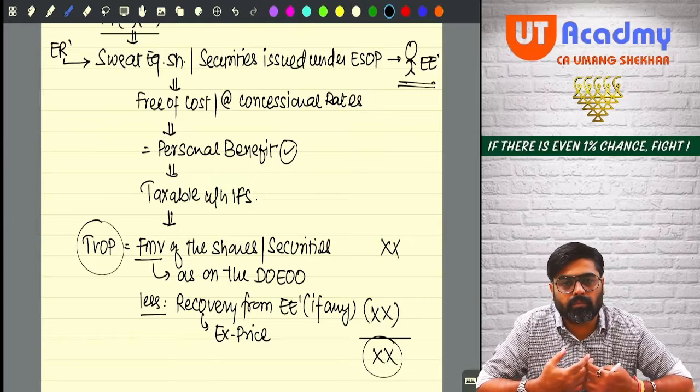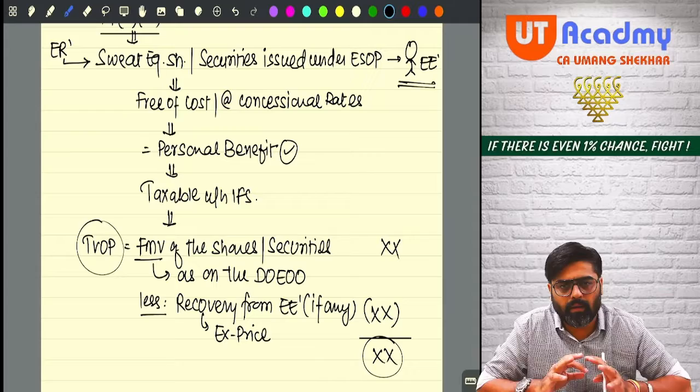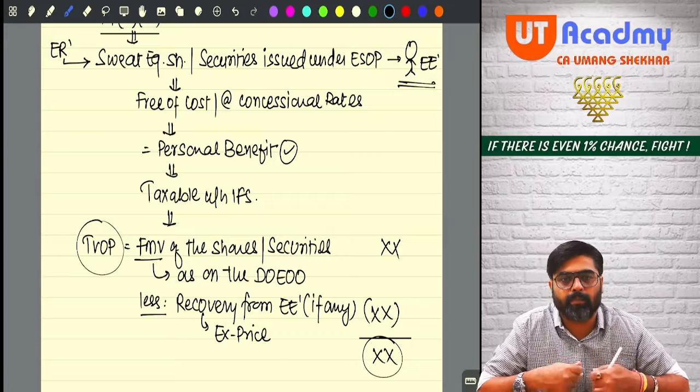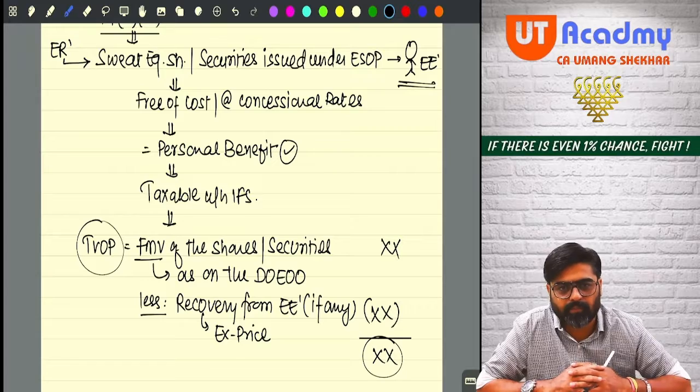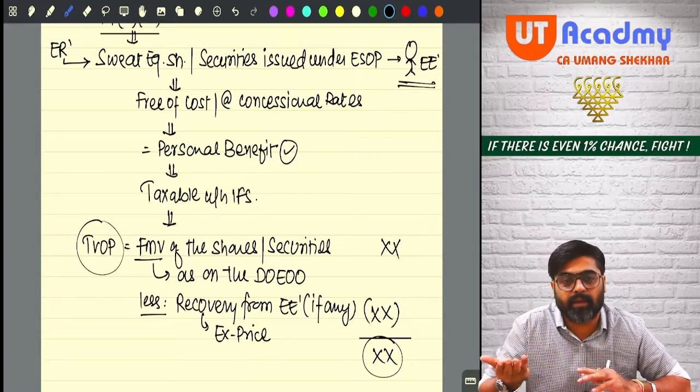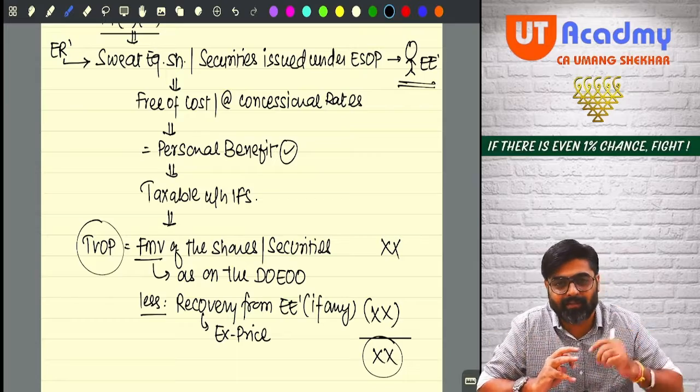Then some targets would be given to him, or a few conditions might be put by the employer that if you satisfy these conditions, the employer will become happy and will give you some shares for free or maybe for concessional rate. So being an employee, if you are working so hard, just imagine if you are made the owner, you are made the shareholder of the company, you will be working even harder.